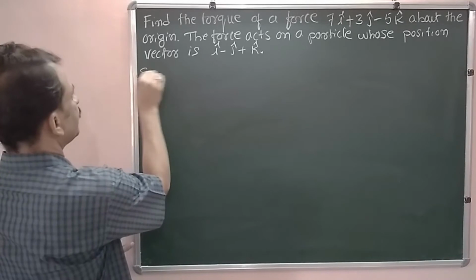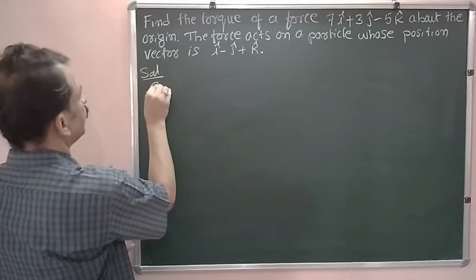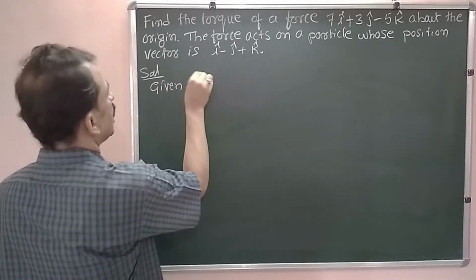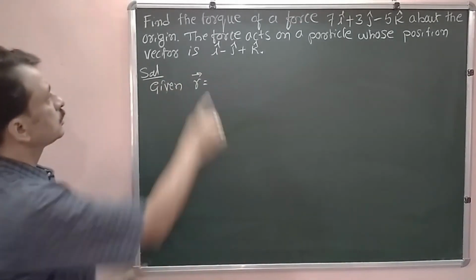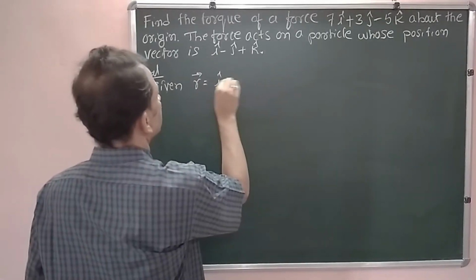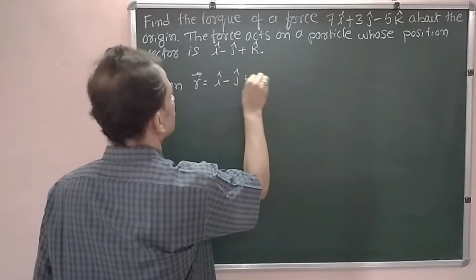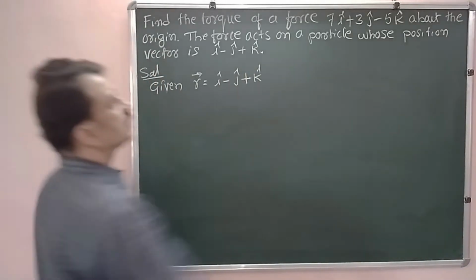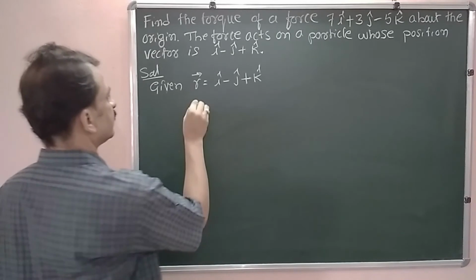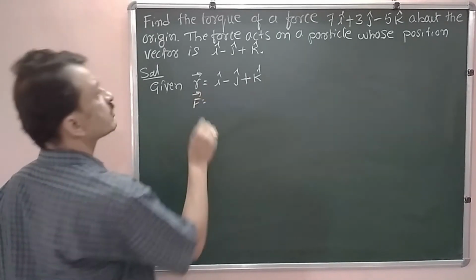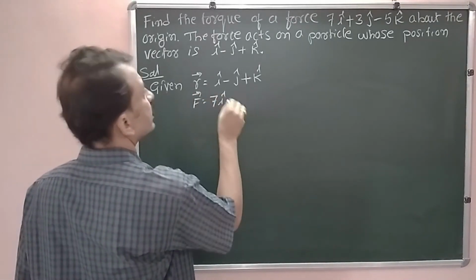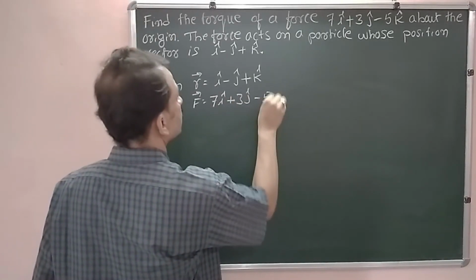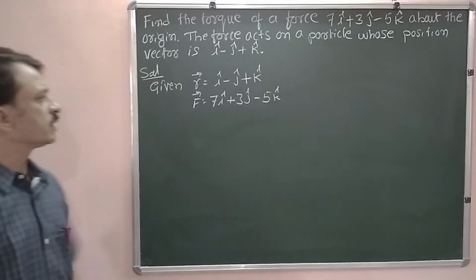Solution. Given the position vector r is i cap minus j cap plus k cap, and the force vector F is 7i cap plus 3j cap minus 5k cap. These two are given.